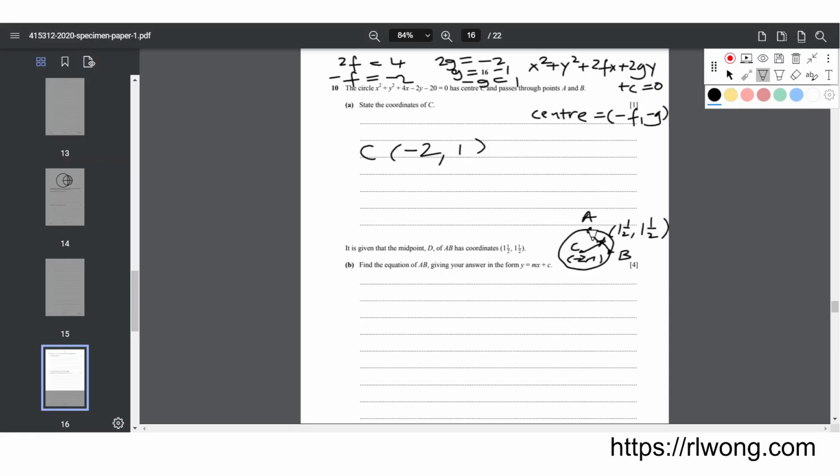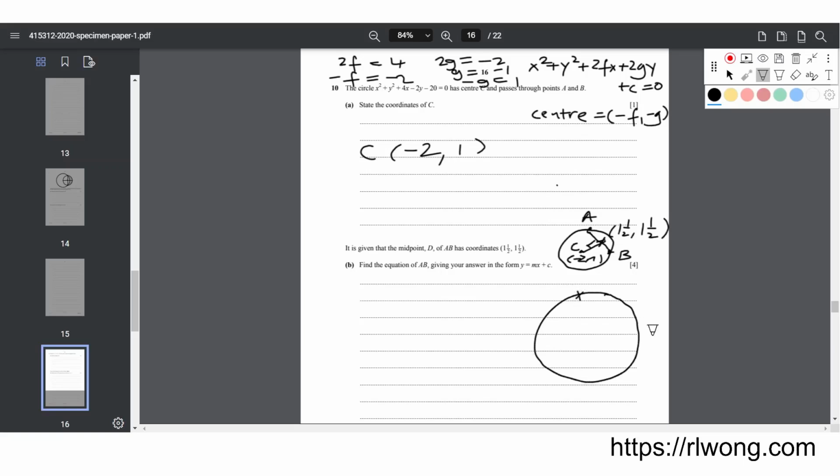Okay? And what do we know? We know that C to the midpoint is perpendicular to AB. Okay? So we do not know A and B, right? But let me draw bigger, maybe it's easier.